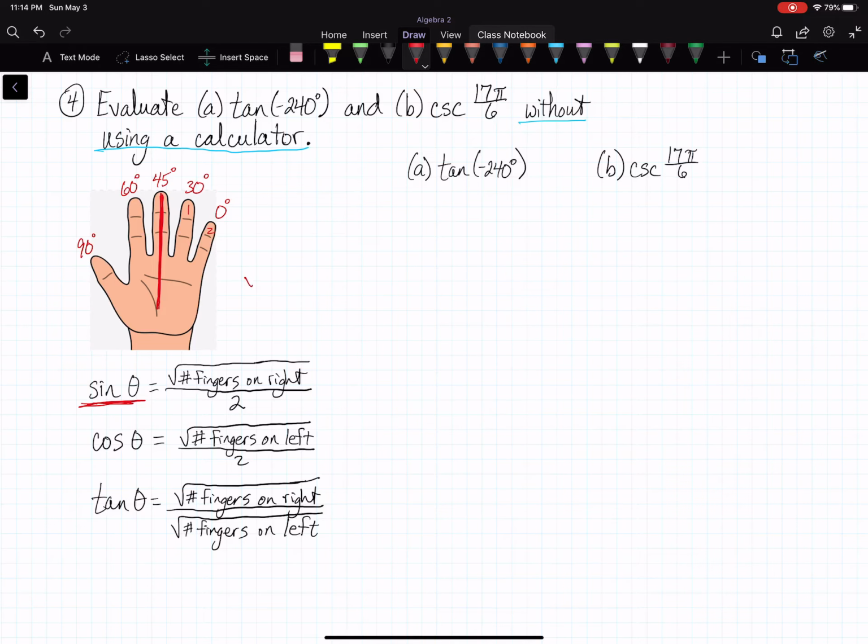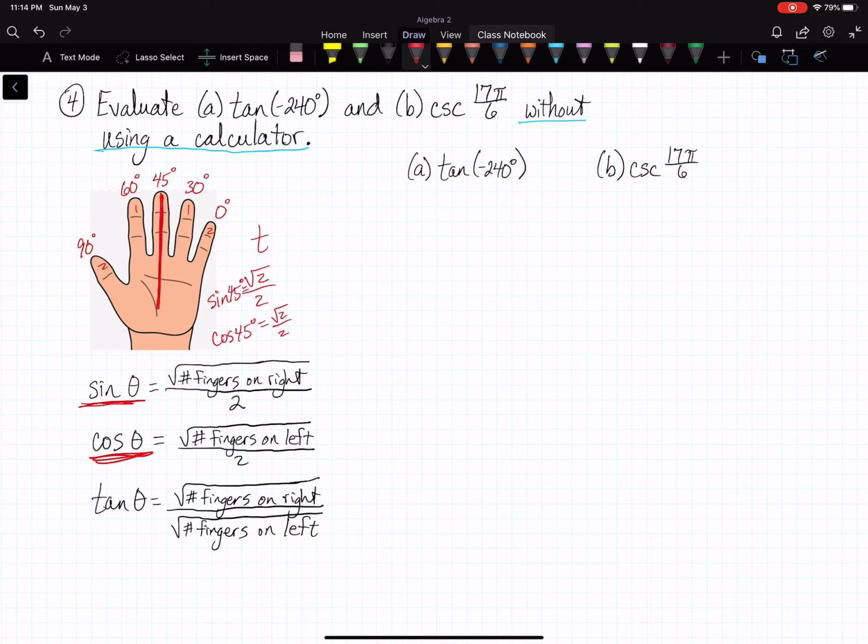And you take the square root of 2 divided by 2. Everything for sine and cosine are both just divided by 2. So the sine of 45 degrees is equal to square root of 2 over 2. If you did the cosine of 45 degrees, for cosine, you do the number of fingers on the left. Well, there's also 2 fingers on the left. So that's going to be square root of 2 over 2.